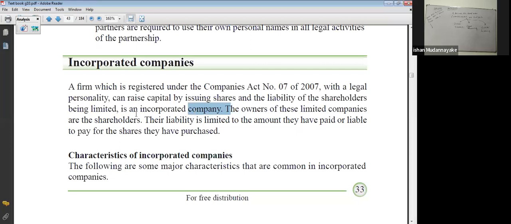Their liability is limited to the amount they have paid or are liable to pay. It means their liability is limited only up to the capital they have invested.